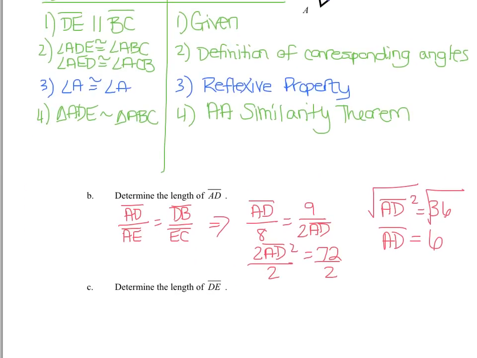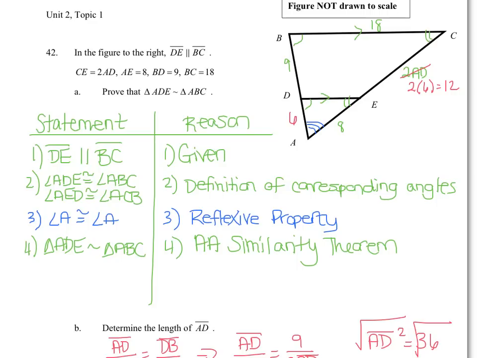Finally, we want to determine the length of DE. Well, I have to take DE in terms of the small triangle and BC in terms of the big triangle. So I could say something like AD over DE is equal to AB over BC.